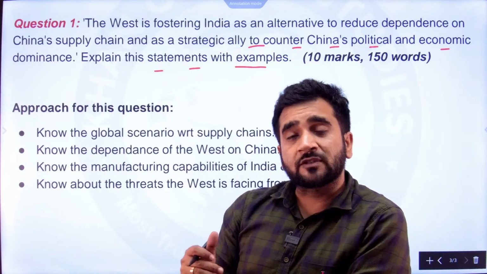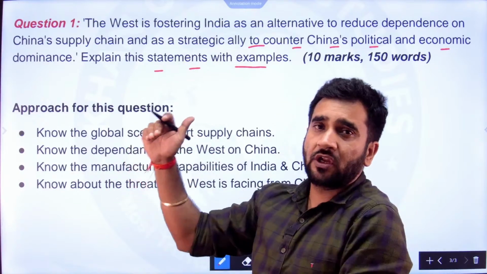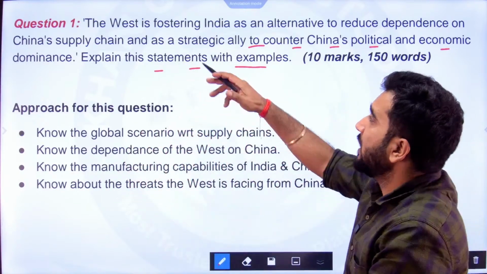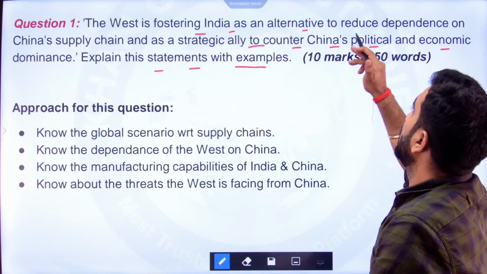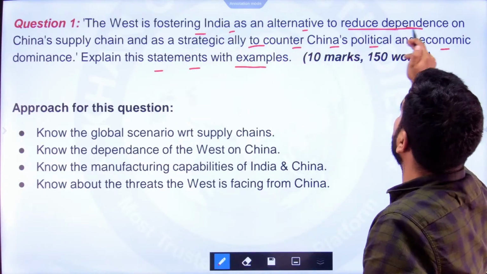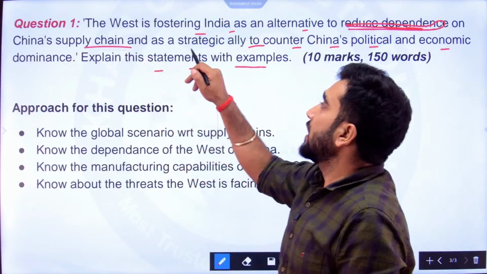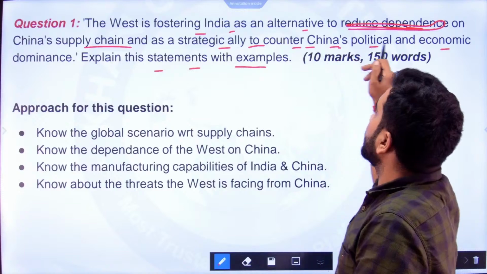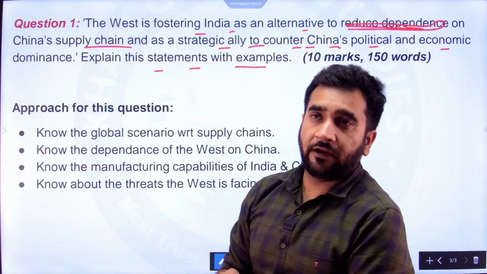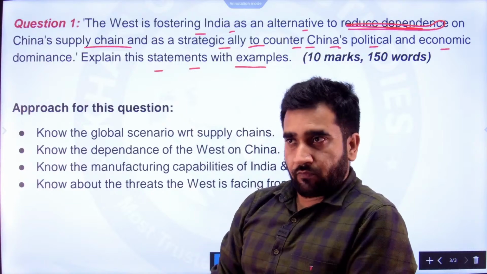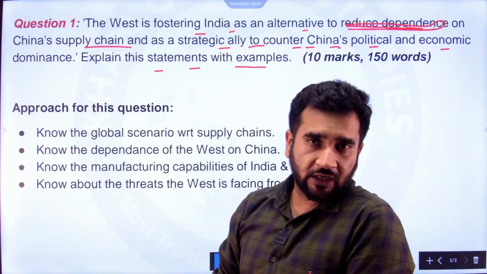So we need to explain this statement with examples. I am again reading the question so that you can get it in a better way. The West is fostering India as an alternative to reduce dependence on China's supply chain and as a strategic ally to counter China's political and economic dominance. With China becoming the factory of the world, it started dominating politically and economically.